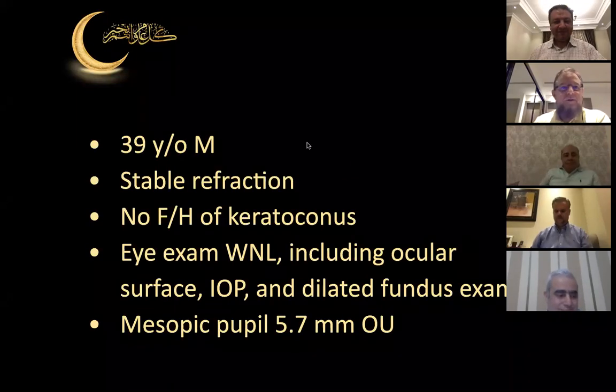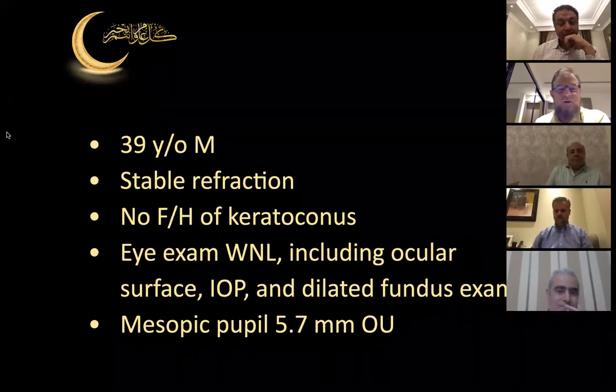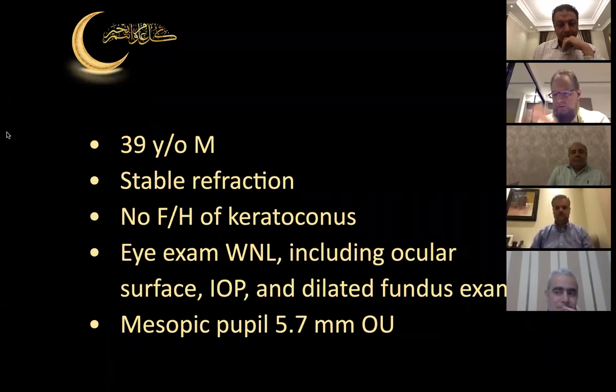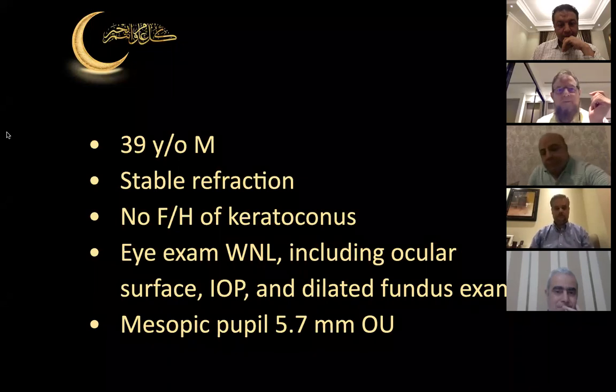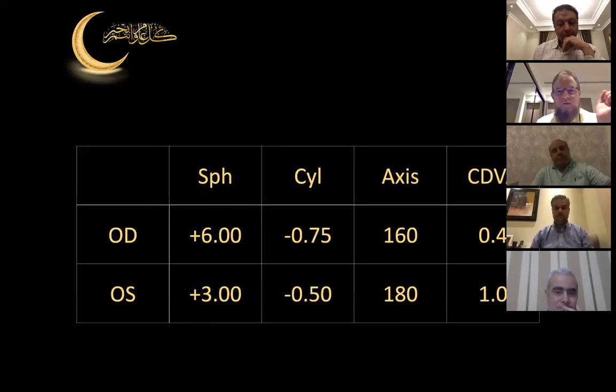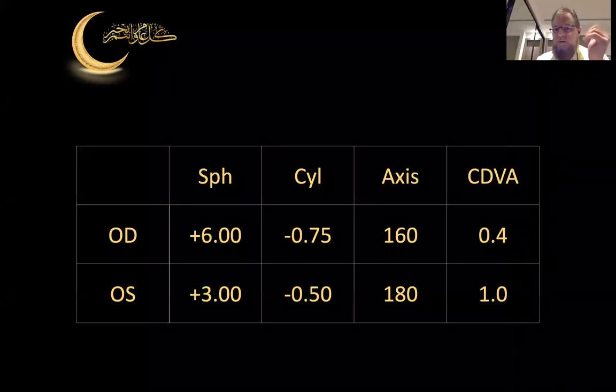Now, this patient is a 39-year-old male, stable refraction, no family history of keratoconus, eye exam within normal limits, including ocular surface, IOP and dilated fundus exam. Mesopic pupil is 5.7 millimeters, both eyes. The right eye is +6, minus 0.75, 160.